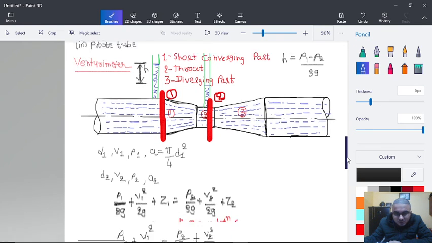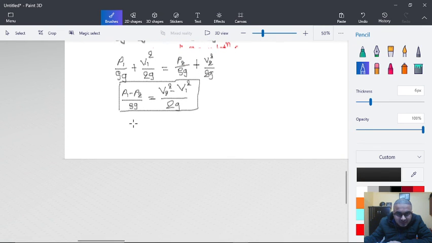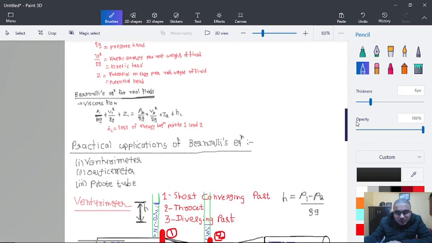So we can directly write down h is equal to V2 square upon 2g minus V1 square upon 2g. So this will be the difference of height at manometer. So let's first copy this work into our main slide.